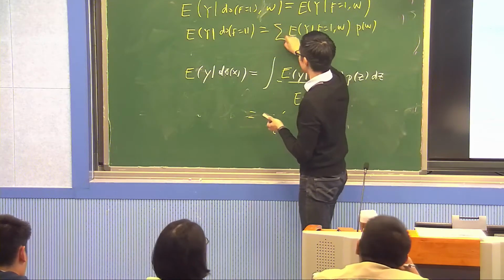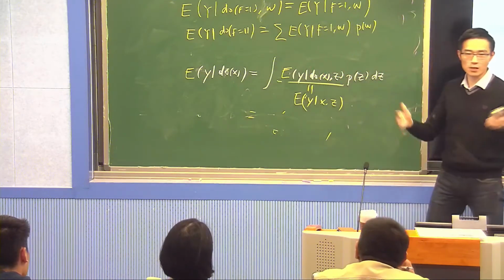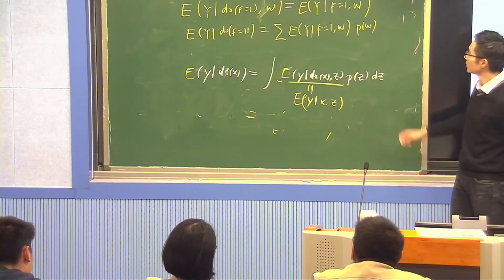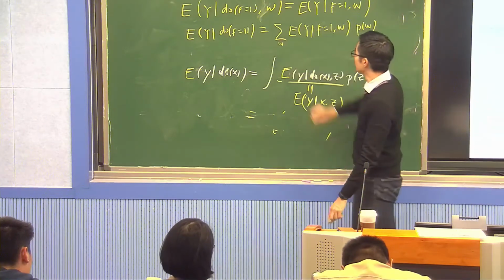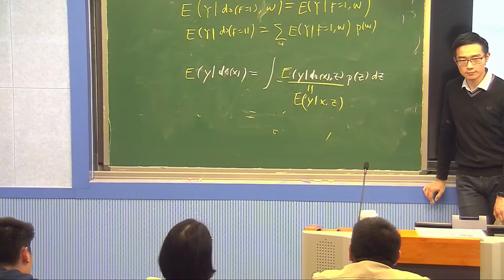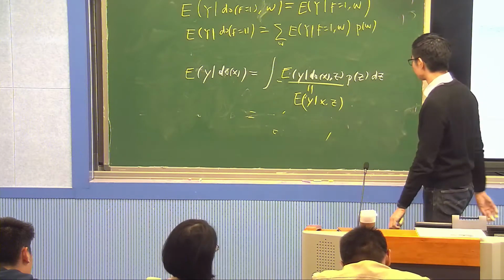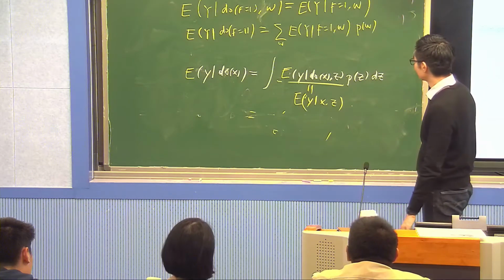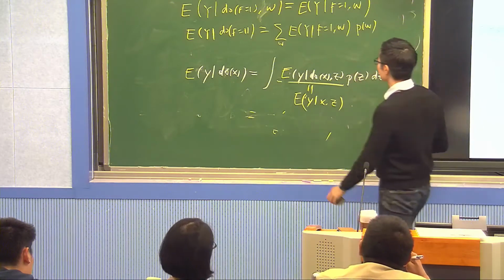I can just use summation, it's the same thing. Suppose W is discrete, then I use summation over W. Do people get it? I hope people get it. So that's it.